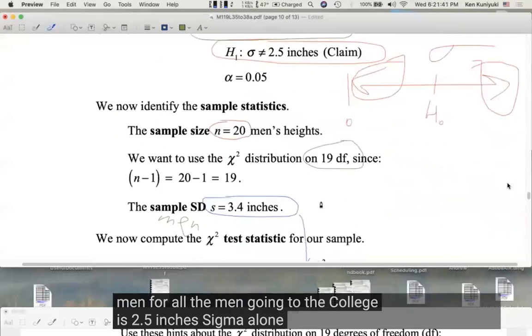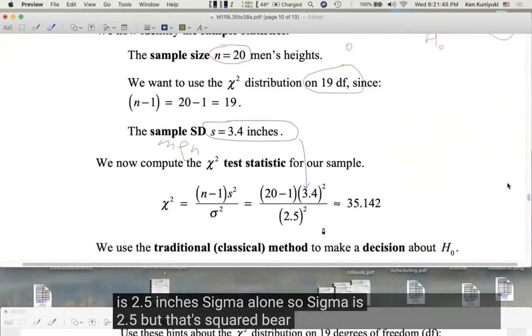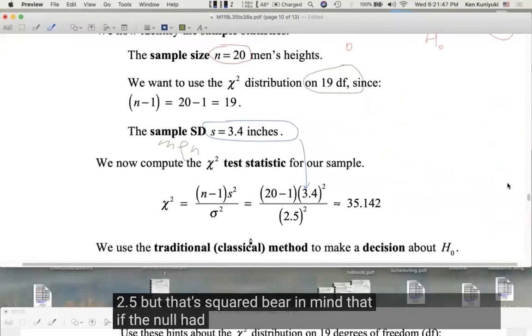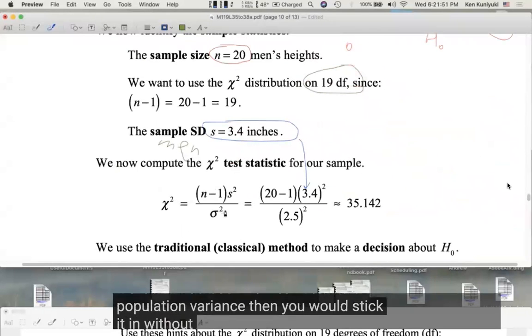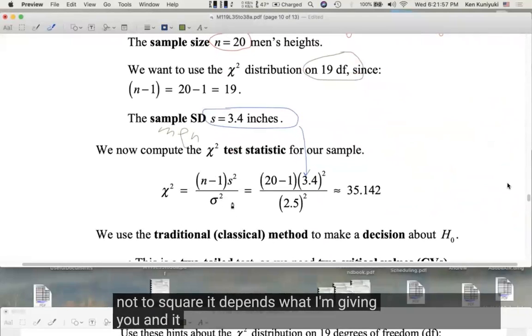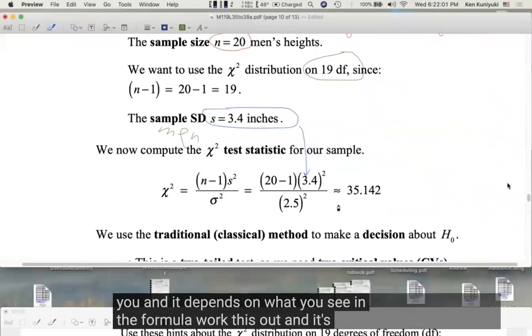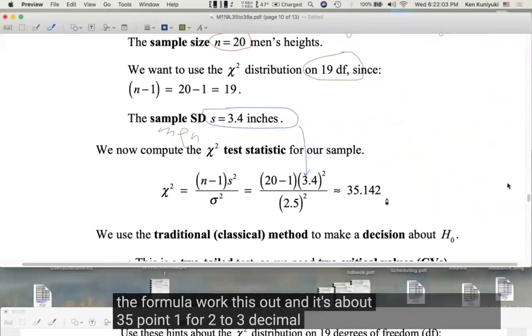So sigma is 2.5, but that's squared. If the null had been framed in terms of population variance, you would stick it in without the square. To square or not to square depends on what I'm giving you and what you see in the formula. Work this out, and it's about 35.142 to 3 decimal places.